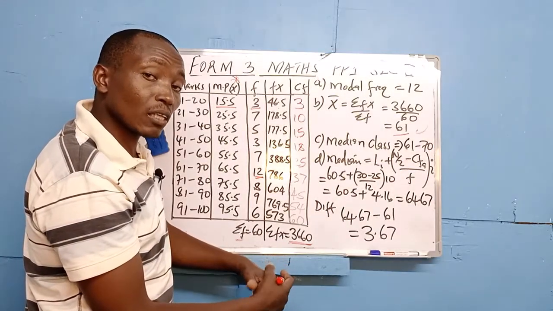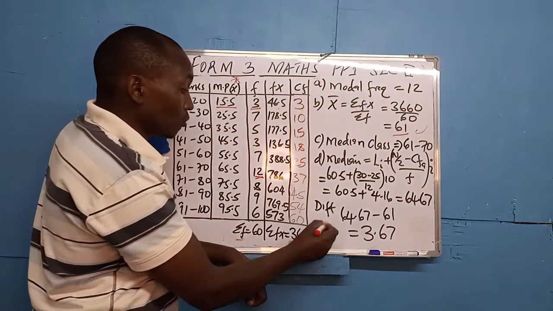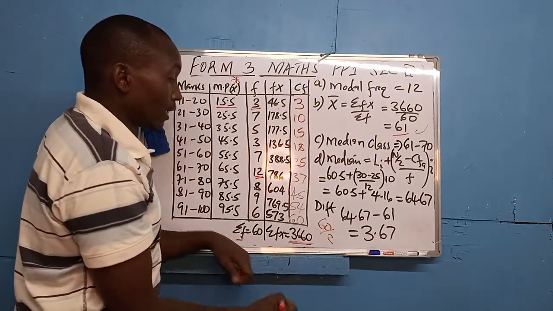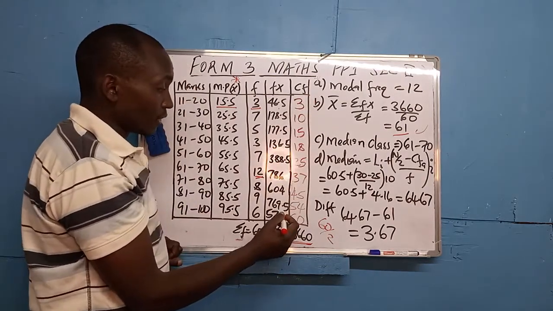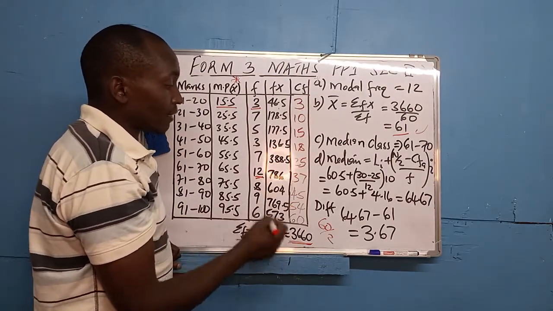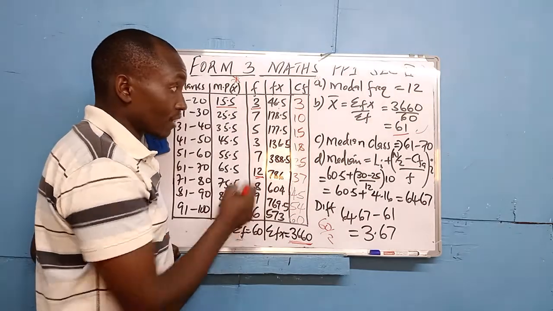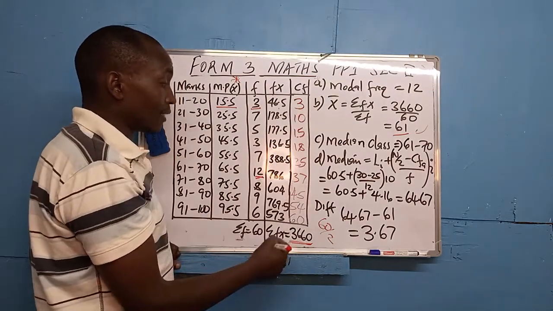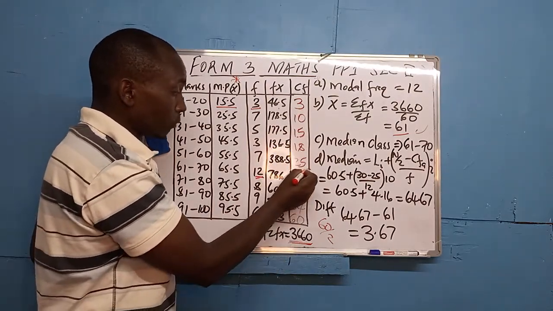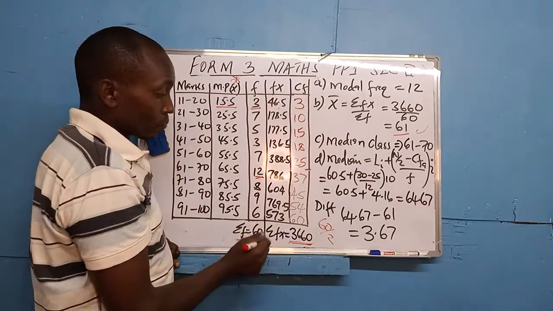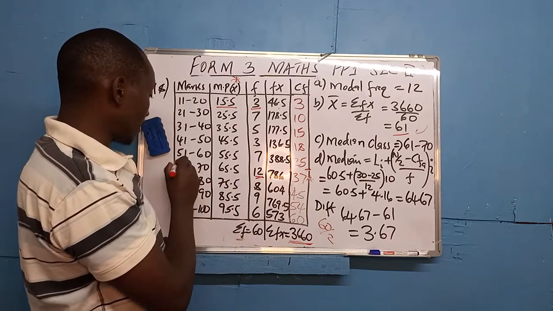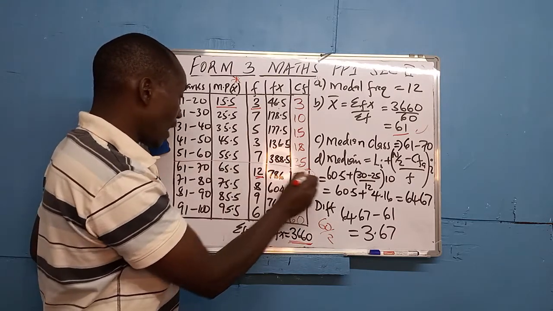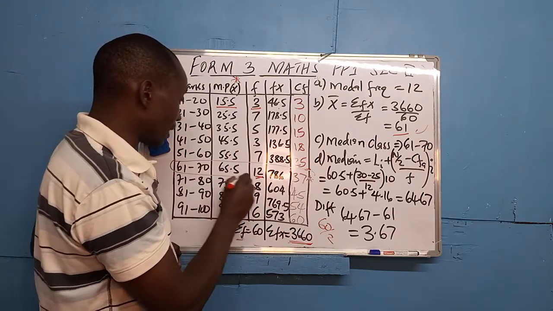I need to do 60 divided by 2, that is 30. Then I come over here, I consider where exactly is the 30th mark. The 30th student here, where is the student? Up to this point, 25 of them. So that means the 30th student is in this class. And that is how I get the median class.